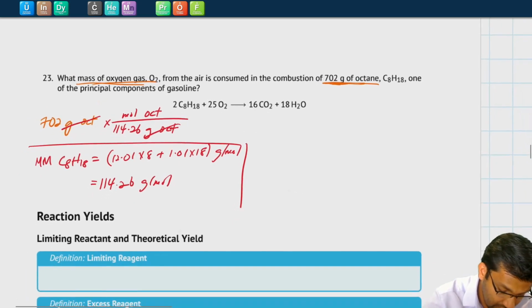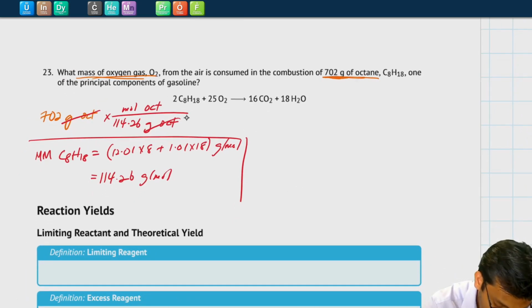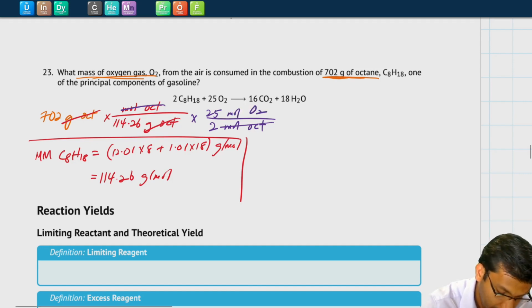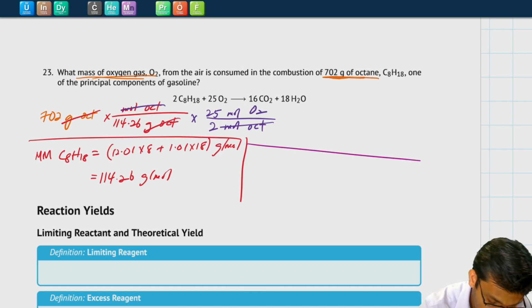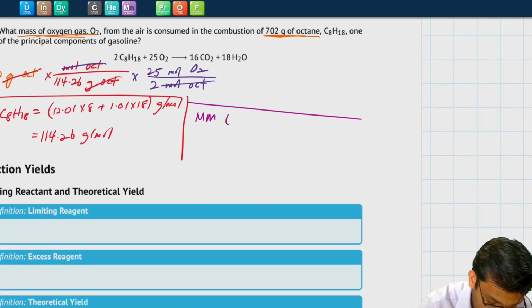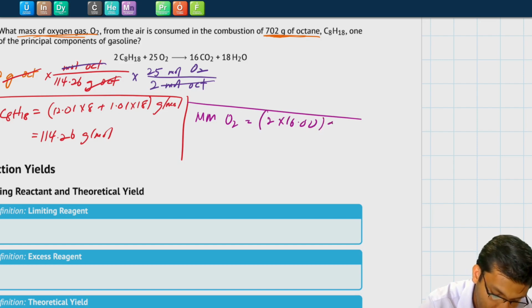Okay, now we use the mole ratios. In this example, 2 moles of octane reacts with 25 moles of oxygen. And then finally, we convert to mass of oxygen by using the molar mass of oxygen, which is just 2 times 16.00 grams per mole, or 32.00 grams per mole.